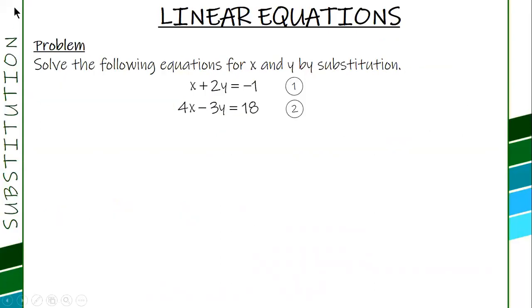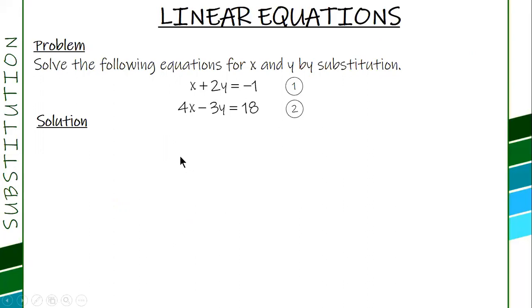Sige, let us start with substitution. Solve for the following equations for x and y by substitution. So equation 1 and equation 2. So, the idea is, i-solve nimo ang isa ka variable with respect to the other variable, and then i-substitute nimo sa ikaduhang equation.